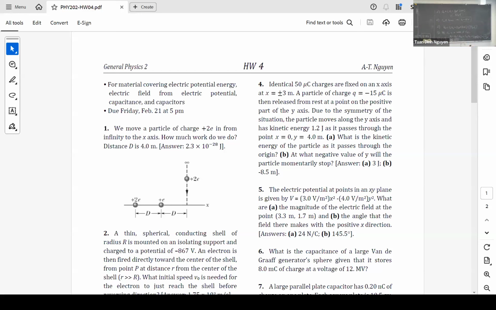Where is it being released? It tells you the kinetic energy at a certain point, so that's all you need. That's the initial energy. Then the final energy will be at the origin.